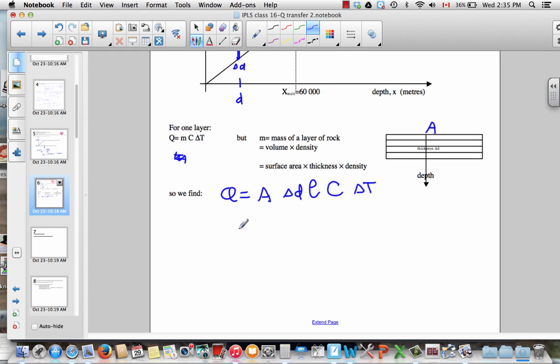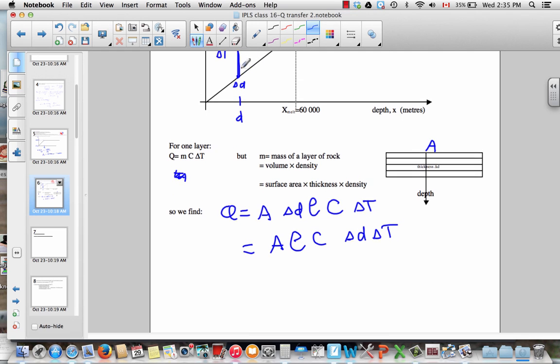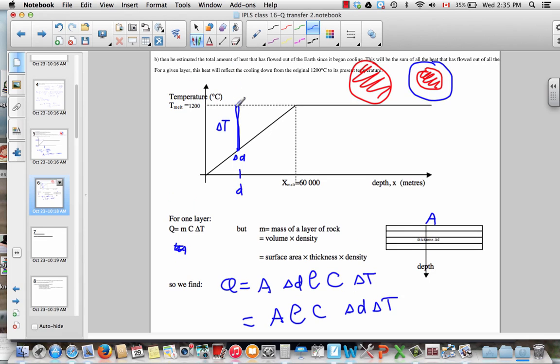Now if we rearrange that just a little bit, we've got A, the surface area, rho, the density of rock, C, the specific heat, then we've got delta D, delta T. And if we look on our picture, delta T times delta D is just the area of that little wedge that we drew on there.